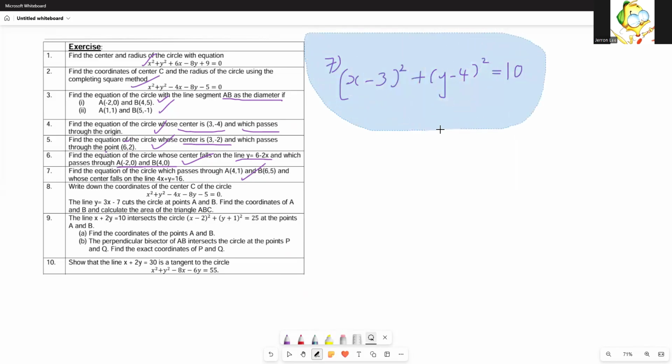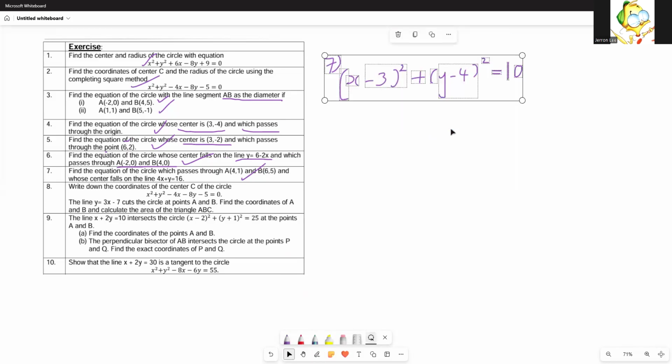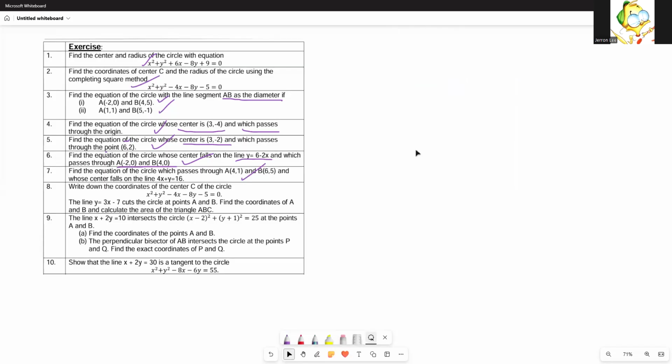The line cuts the circle at points A and B. This is from 7.2 in our textbook. This one needs substitution because this is a line and it actually uses the word intersects. So we have to substitute, find the coordinates of A and B and calculate the area of the triangle ABC.